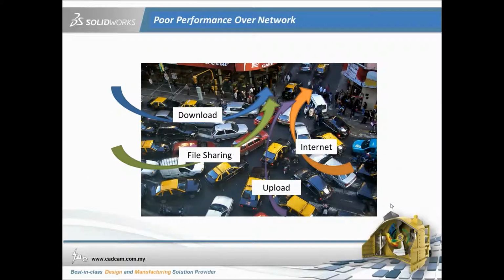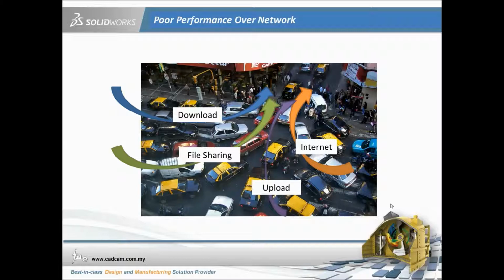So how about the poor performance over networks, the second problem? As you can see in the picture there, it is actually a traffic jam. Traffic jams on the roads are in fact quite similar to the traffic in the network as well.